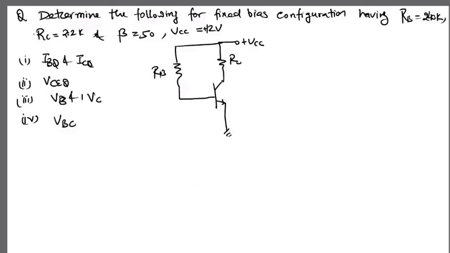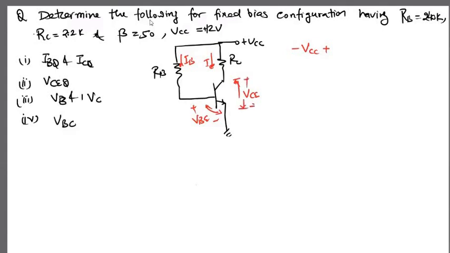First equation, plus VCC minus VCC. First this current IC will be there, another current IB will be there, and this voltage will be VBE and this voltage will be VCE plus minus.